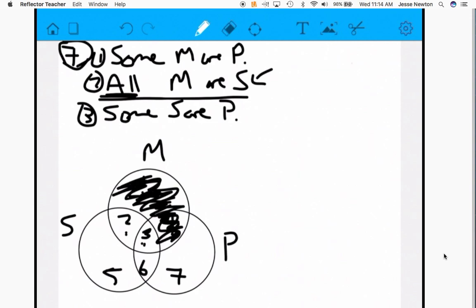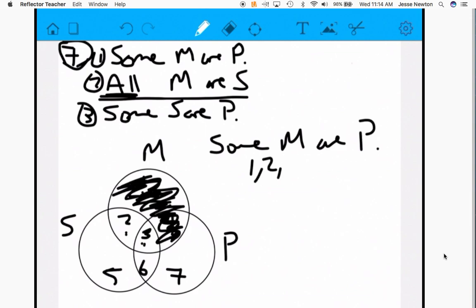Now we come to premise number 1. We're going to do number 1 now. And this says some M R P. And region M is 1, 2, 3, 4. And P is 3, 4, 6, and 7.